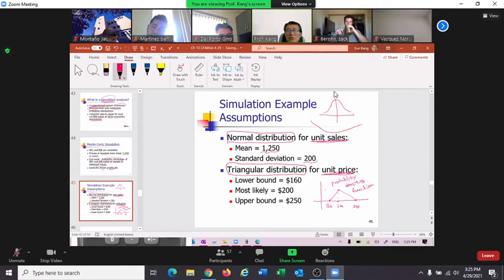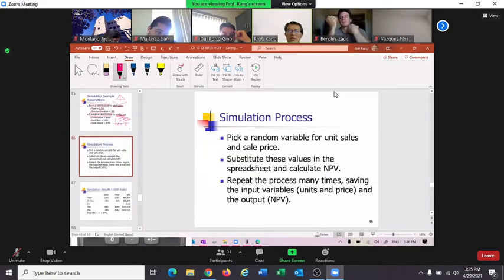Like the normal distribution is like this: the mean is the highest, and left and right are symmetric. So you enter this information. And then in the simulation process, the computer picks a random value for unit sales and sale price, using a random number generator.